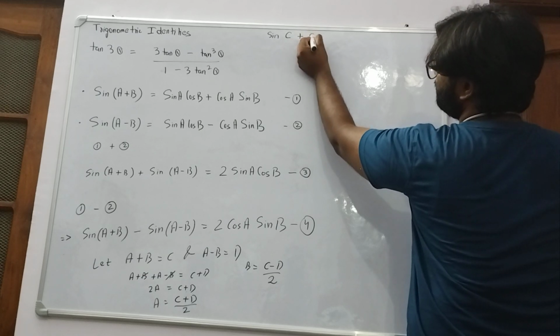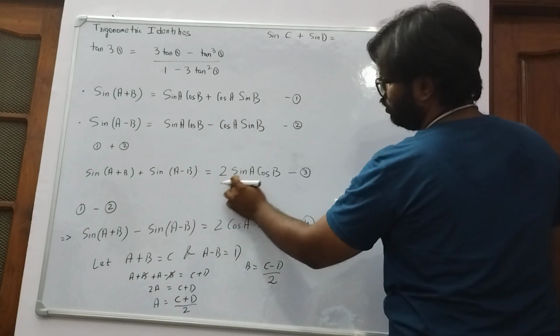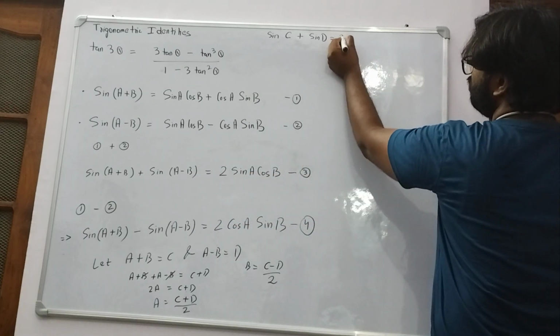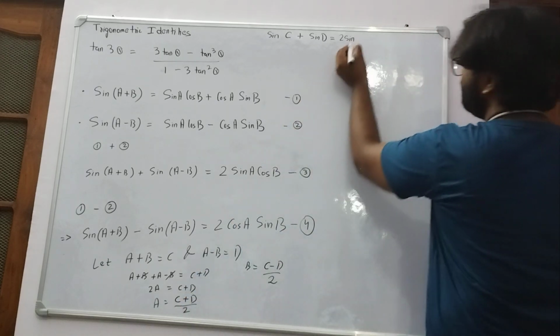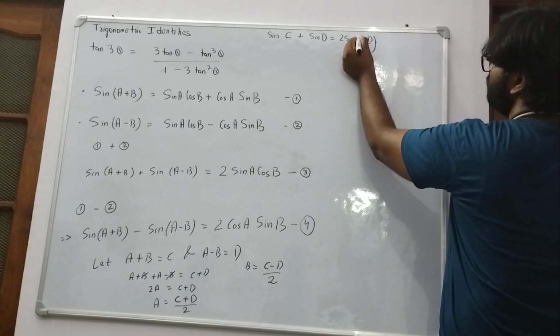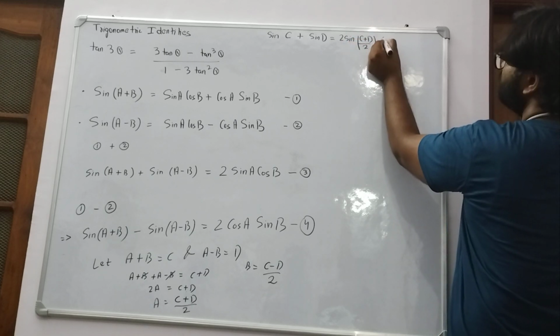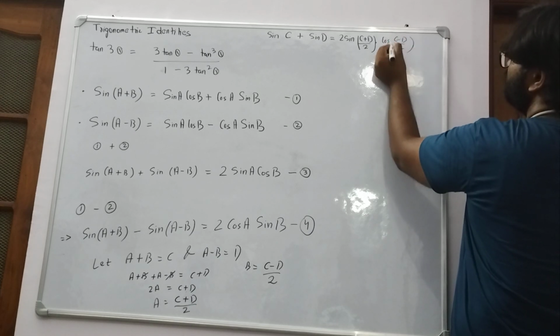plus, a minus b is d, so sin d is equal to 2 sin A cos B. That means 2 sin A. What is A? (C plus D) by 2, into cos (C minus D) by 2.